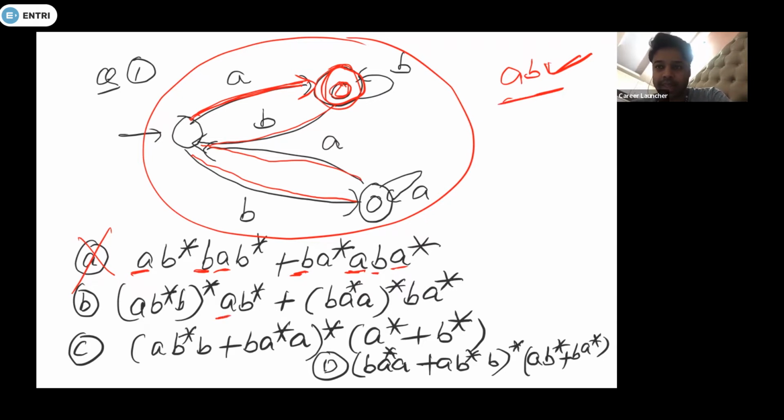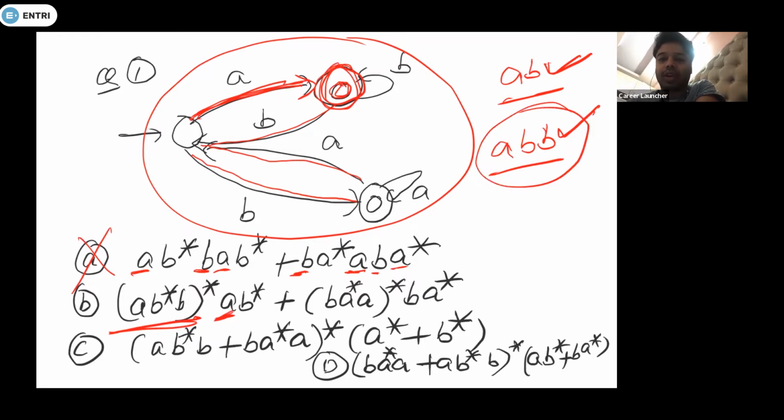Again A B is accepted. But again there is the same problem: A B B is accepted in the automata, any number of B after A is accepted. But in option B, A is compulsory, so we don't take it. B is wrong.